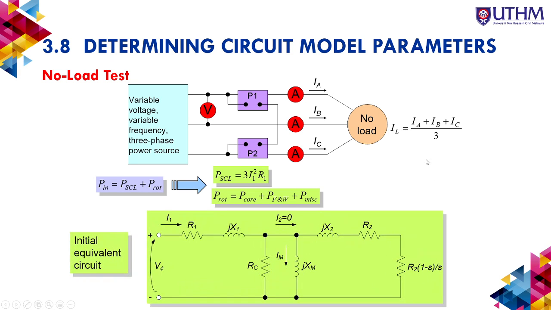This is the equivalent circuit of the induction motor. We put a voltmeter between the two lines, and also a wattmeter and an ammeter, because we want to measure the current.